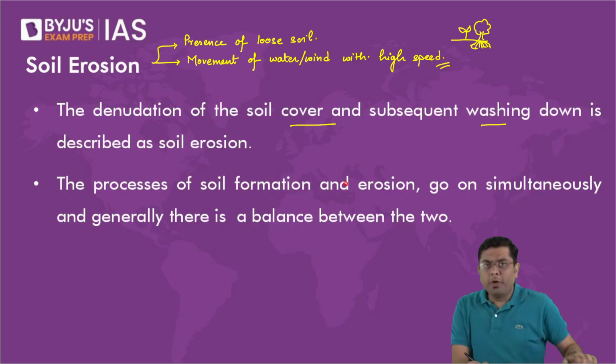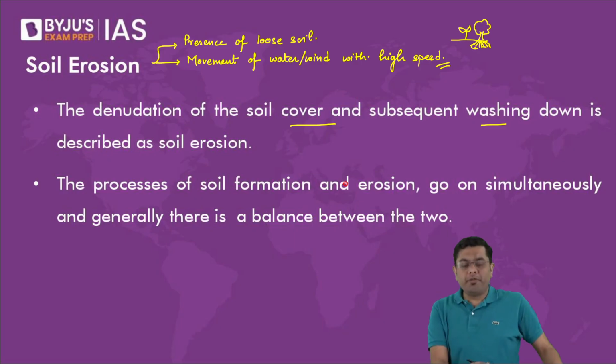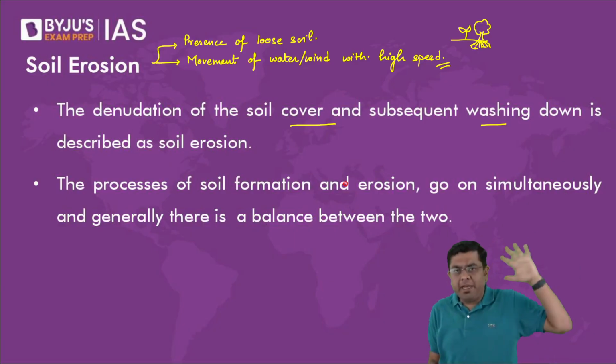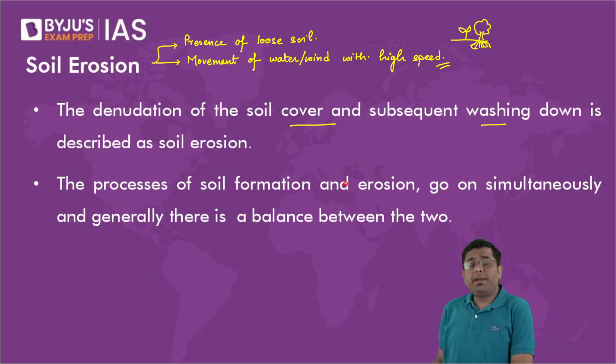Wherever you will observe the movement of water or wind with a high speed, that will take every loose soil particle which is free to move, and you will encounter a process of soil erosion.